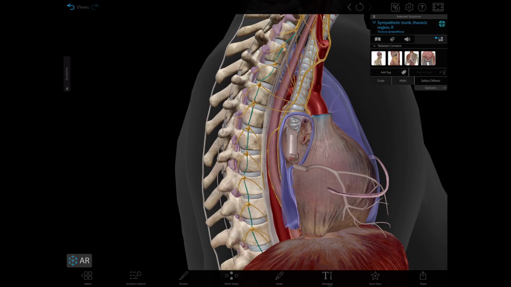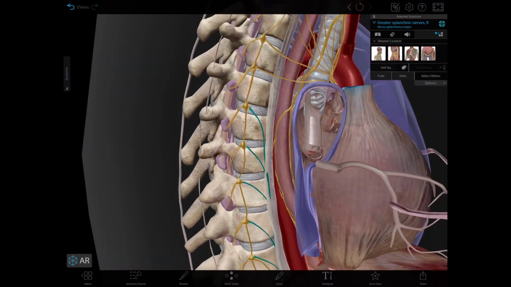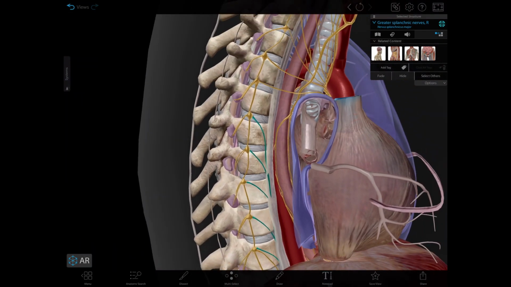So one nerve that we can observe here is actually the greater splanchnic nerve. This is the greater splanchnic nerve. And this nerve usually originates from the 5th to the 9th or from the 5th to the 10th ganglia.